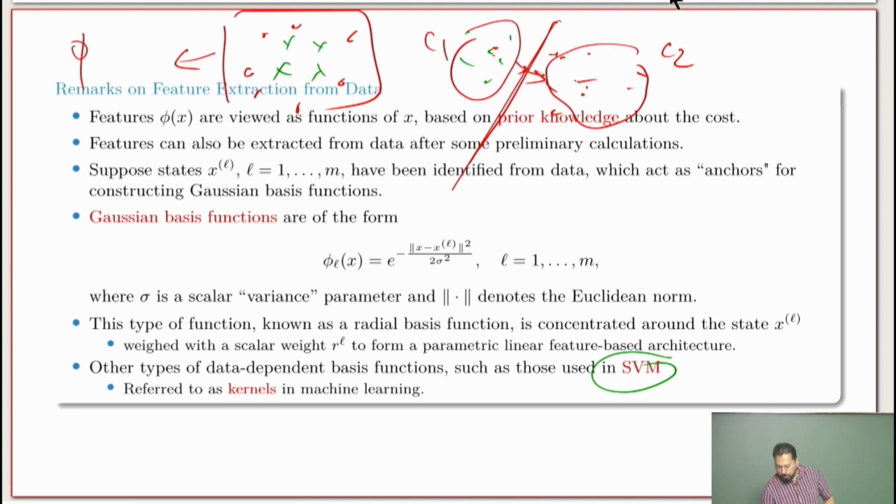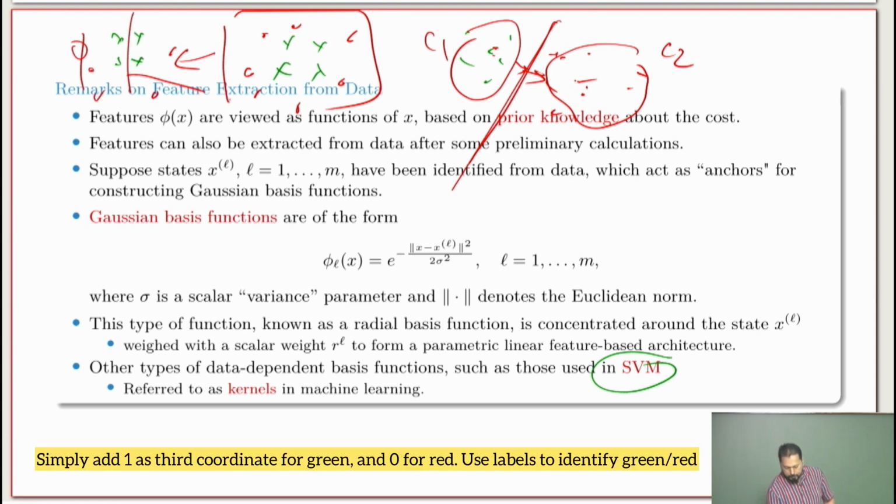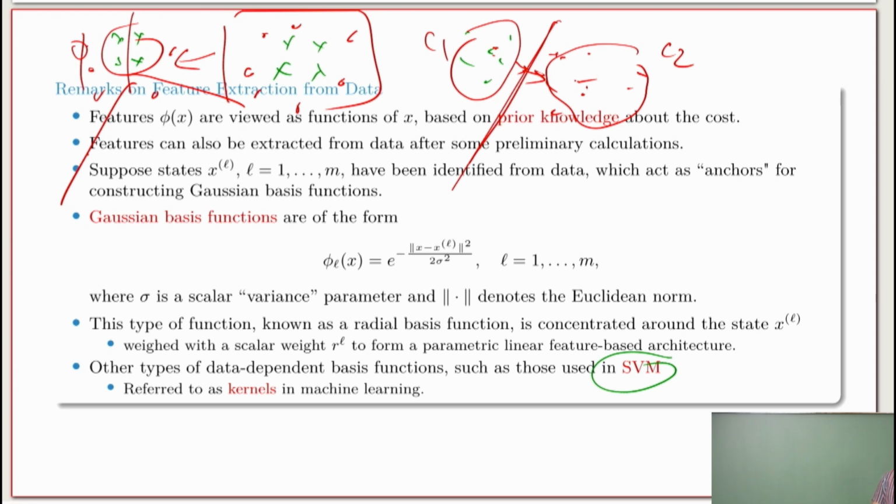Okay, so the green ones get lifted, and these ones, of course, it's difficult to draw this. So these guys are now floating higher up, just because I use some extra dimension. So this could be one feature mapping, where the green ones' coordinates became x, y, comma 1, so at one height, and the blue ones remain at 0. So the red ones' coordinates still remain x, y, 0. So they remain there. So this is the feature mapping that I did.